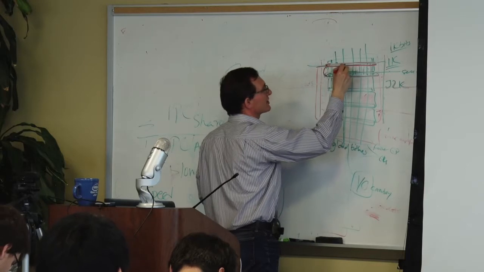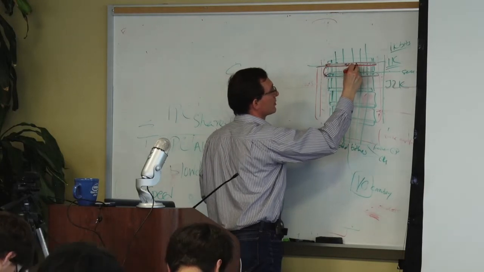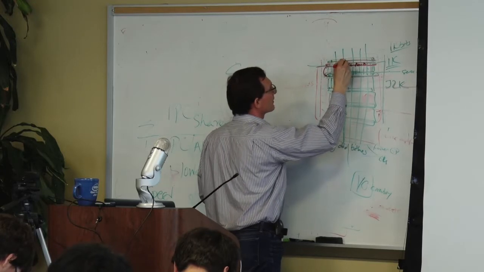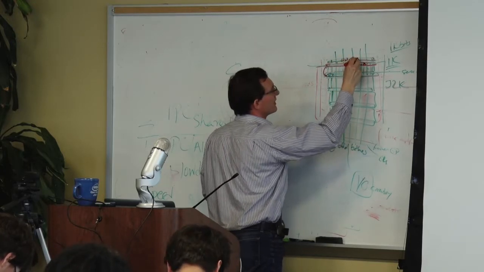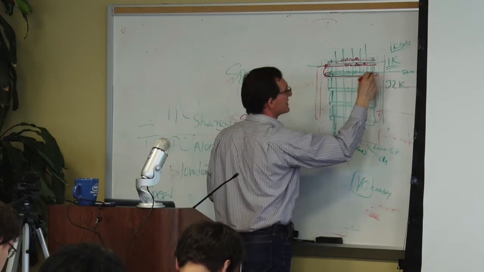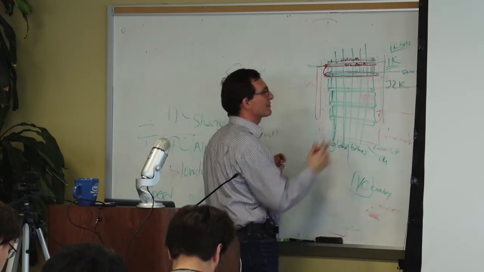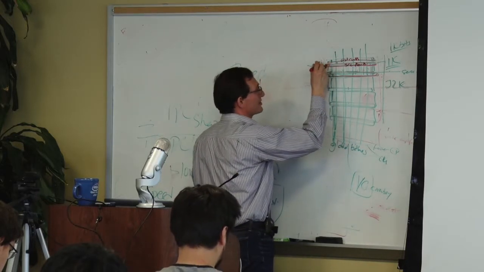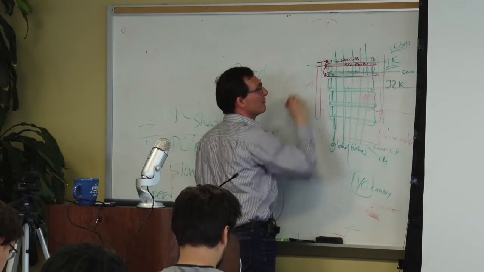Let's say you want to copy the source row A to destination row B, and they're in the same subarray. You activate the source row, which brings the data into the sense amplifiers. Now the sense amplifiers have the charge, and they're driving the bit lines. After that happens, you can activate the destination row.